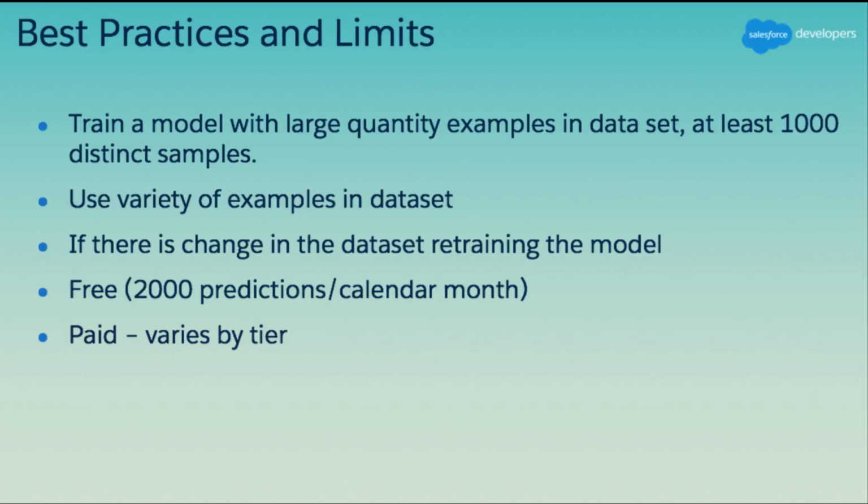It's understanding the concepts a little bit. We all are very proficient with the Apex development side of things, I'm sure. But here we'll have to learn a little about the concepts of the data set, and the set of examples that you should provide. And we'll talk a little bit more about that as we proceed.